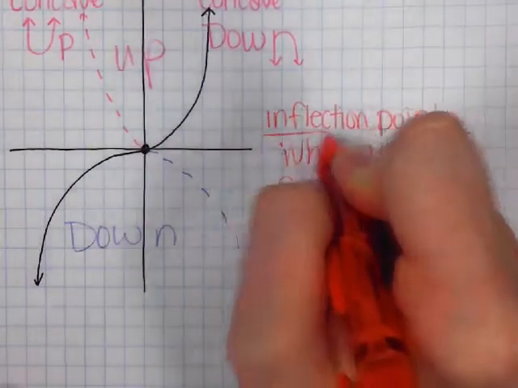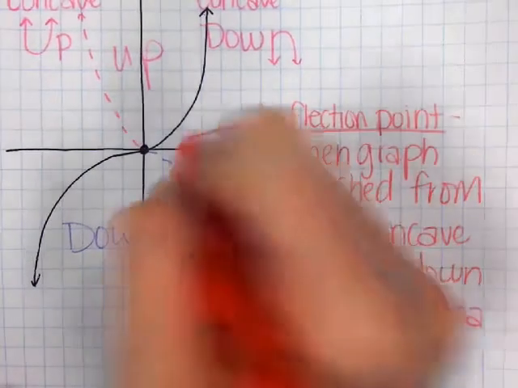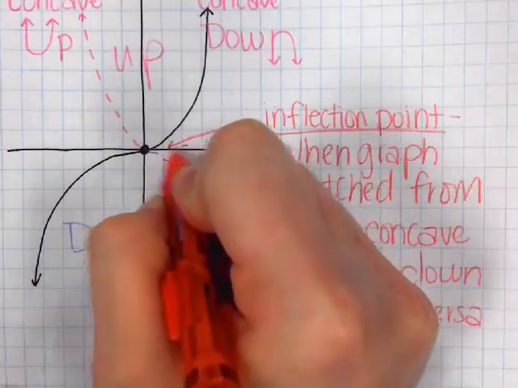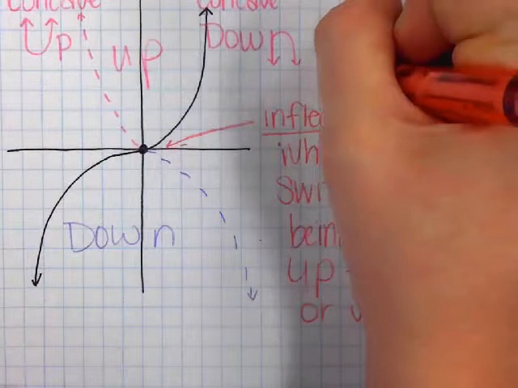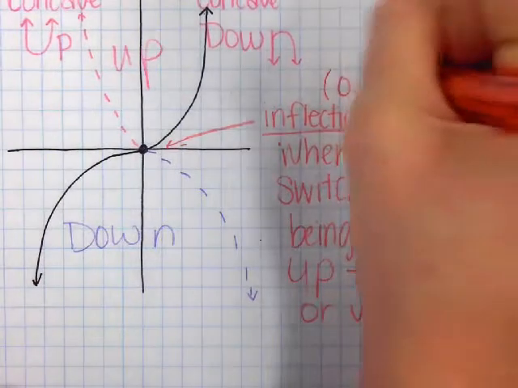Okay, so it's just when it switches. So the inflection point here is that point right there, and that's at the point 0, 0.